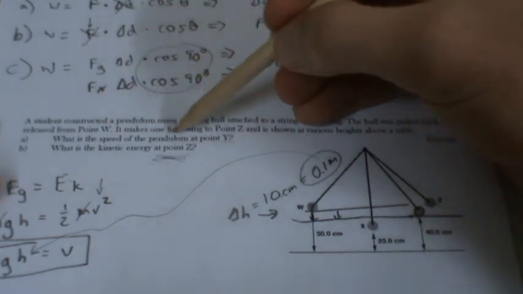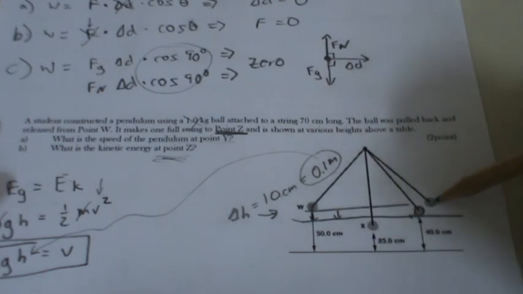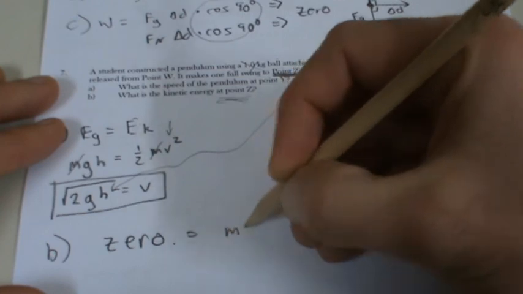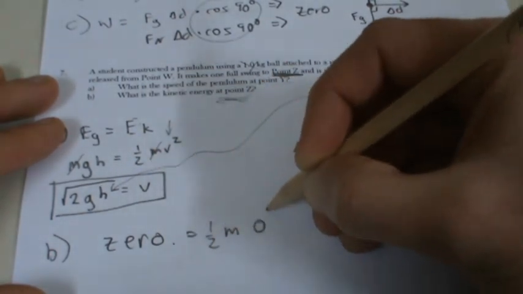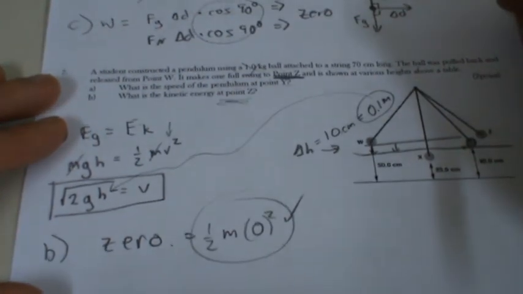Remember, as it says right here, it makes a full swing to point Z. At the top of its swing, its velocity is again 0. So its kinetic energy is 1/2 times mass times 0 squared. Let's see. I guess I'll make a part 2 video and we'll carry on from here.